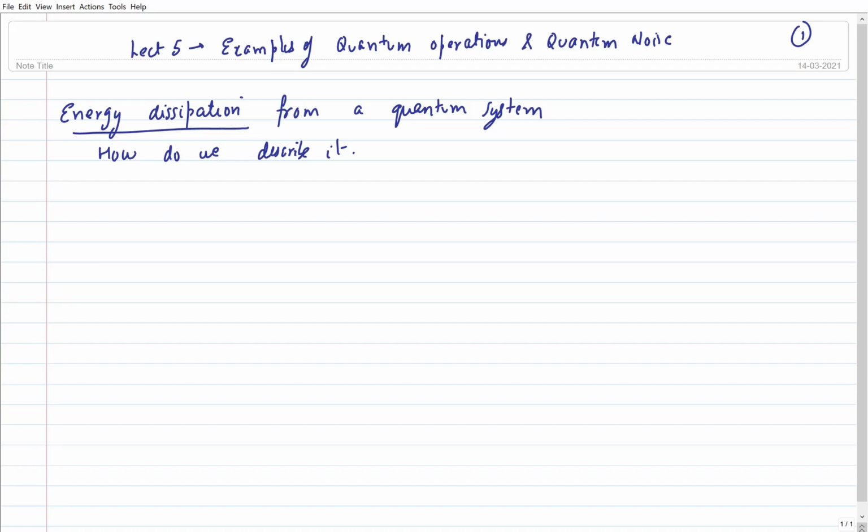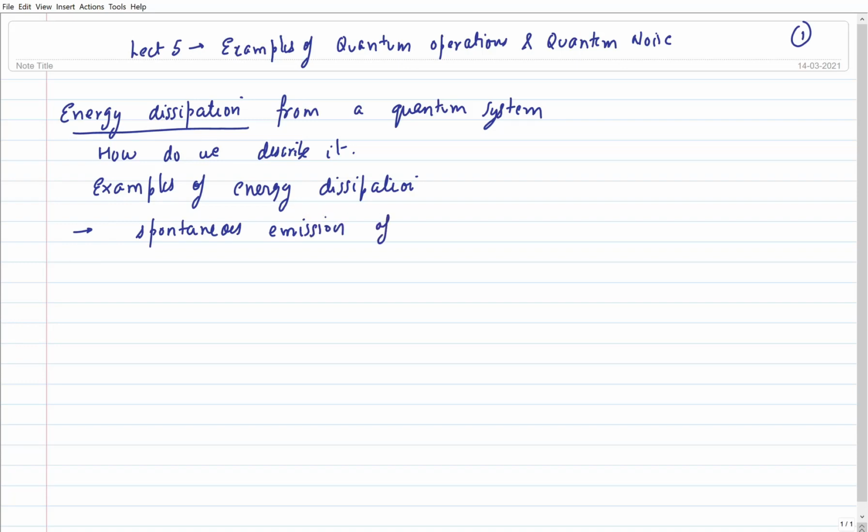So this can arise in a variety of physical phenomena. For example, examples of energy dissipation might include spontaneous emission of a photon from an atom.